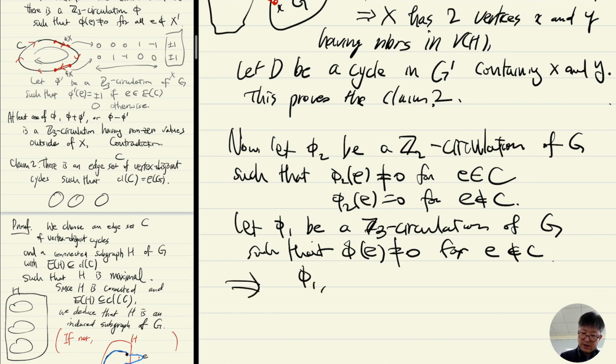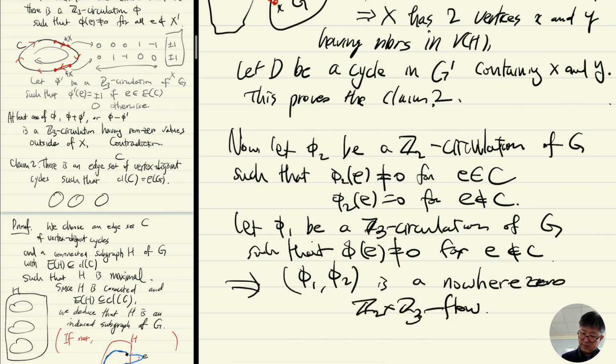Then phi 1 comma phi 2, when you combine these two, is a nowhere-zero Z2 times Z3 flow. So G has a nowhere-zero 6 flow.